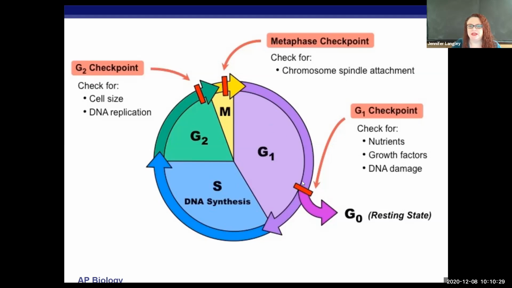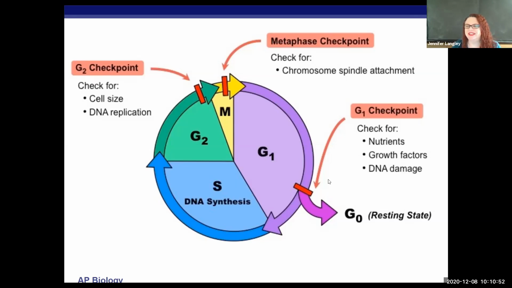Now if I get to this checkpoint, everything's good. Check, check, check. Yep, you're good. Then I either go to resting state and continue doing my job, or I can move on to synthesis. So these are almost like quality control. Yes, that's exactly what these are like. They're just checking to make sure everything's right. Okay, keep going.